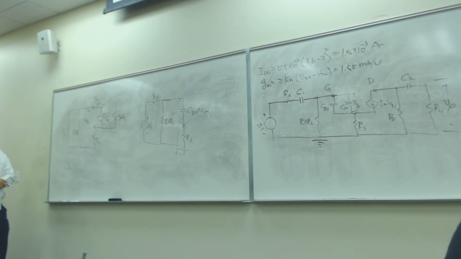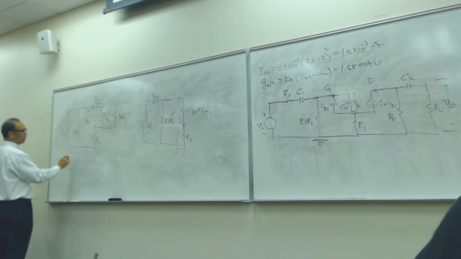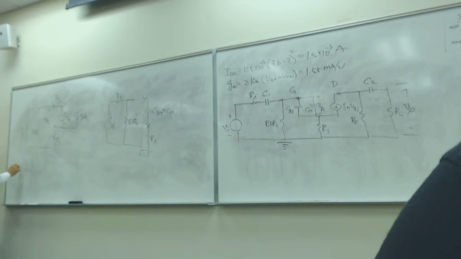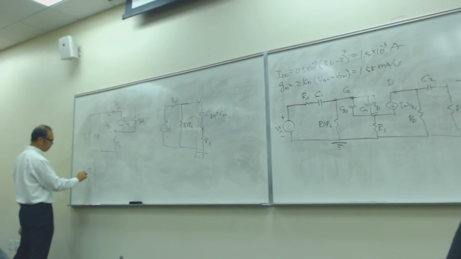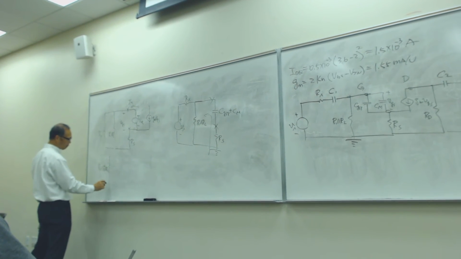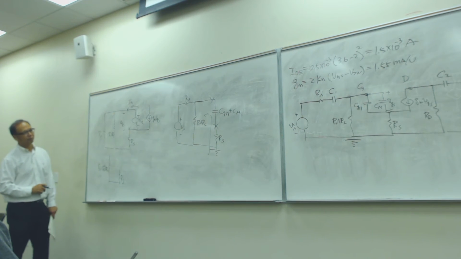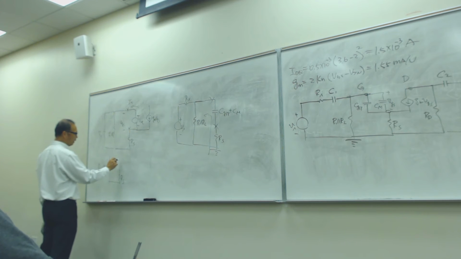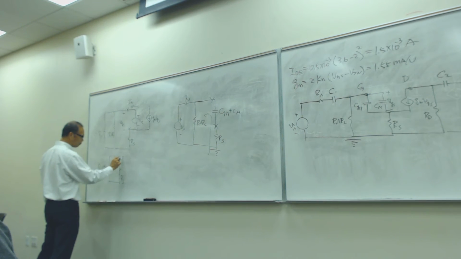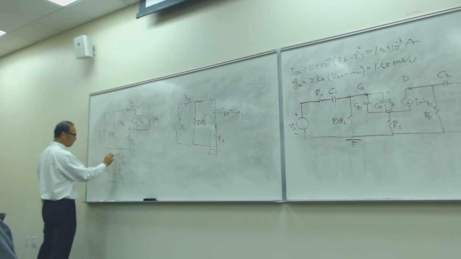Is that correct? So you can combine these two. So you get a single one, R sub I in parallel with R1 in parallel with R2, right? And then you have R sub S, right? And then here you have the I test.